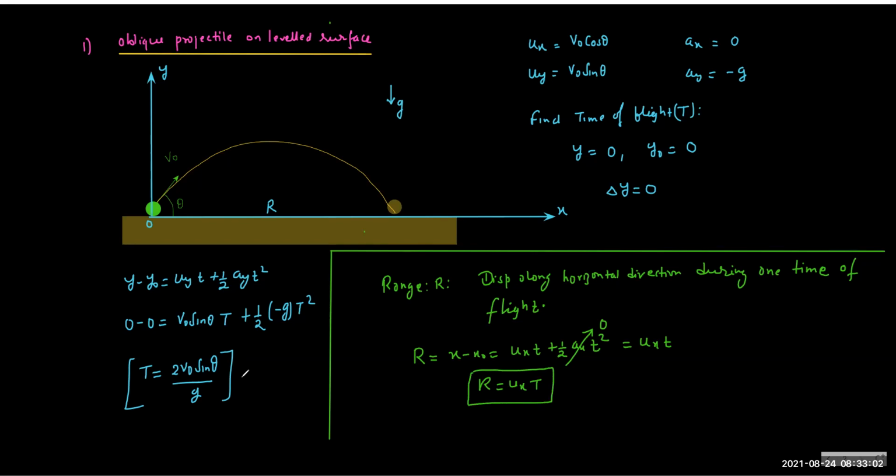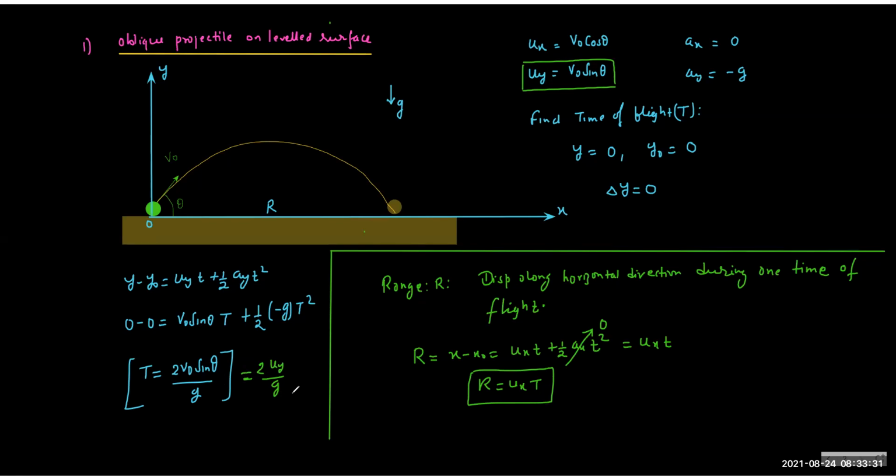Now this formula we can also see in various other forms, like component form. So what is this? Isn't this 2 uy by g? Can you see that? So what you are writing is this only, right? Time of flight we always write as 2 uy by g, which means it depends only on the y component. So t is 2 uy by g.